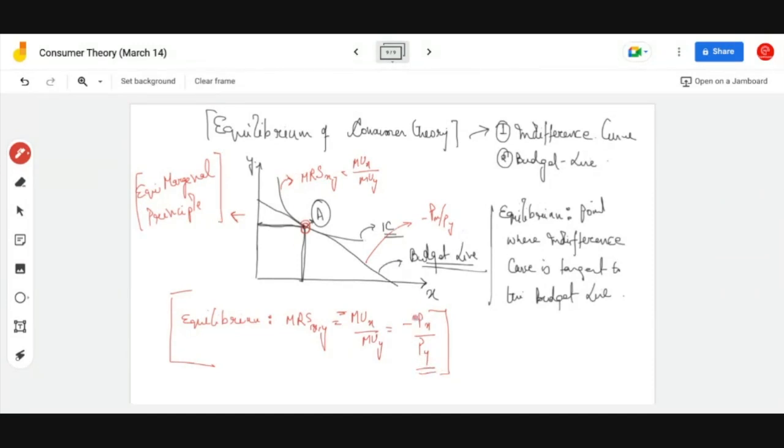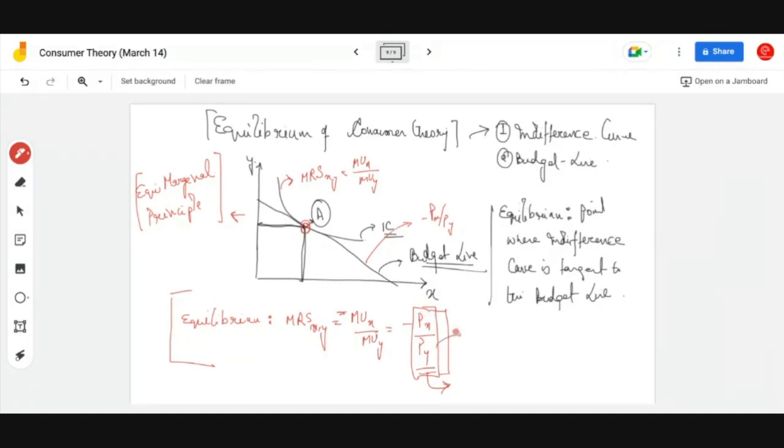What is this Px upon Py? The slope of the budget line. But what is the economic interpretation of this ratio?